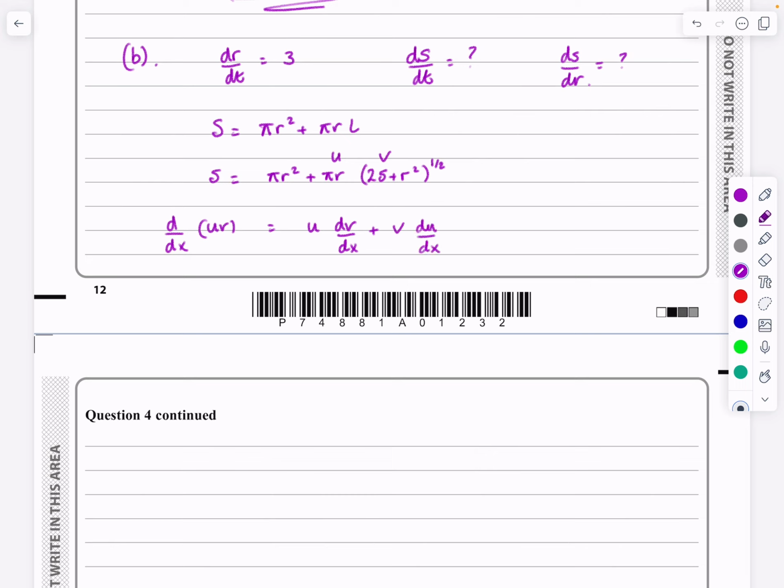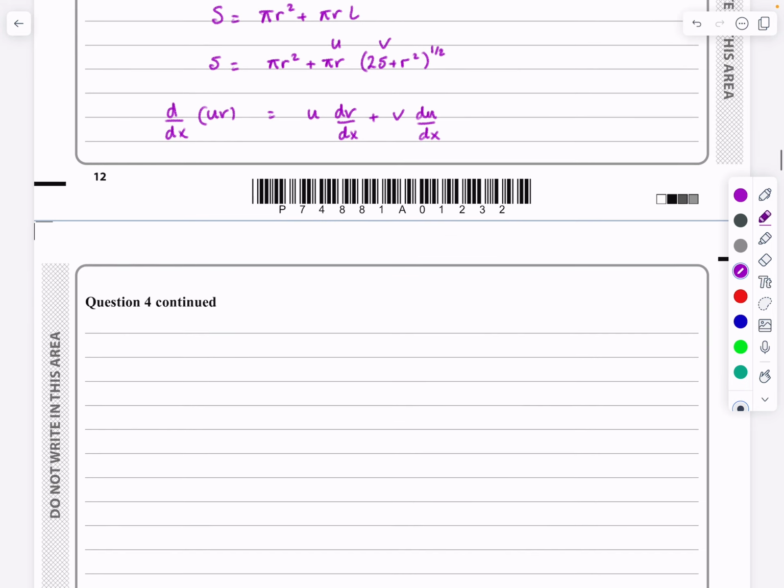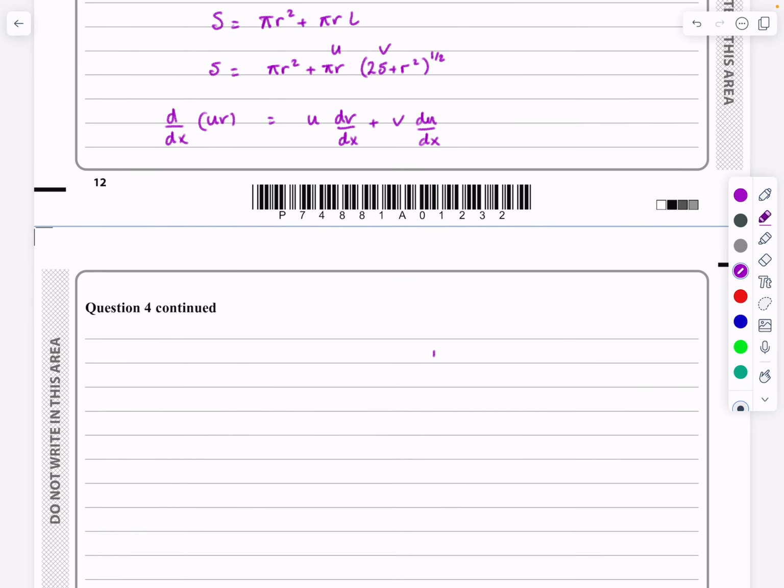It's up to you how slowly you want to do this. They're not very nice, so you might just say u is equal to pi r, so du by dr is equal to pi, and v is equal to 25 plus r squared to the power of a half.